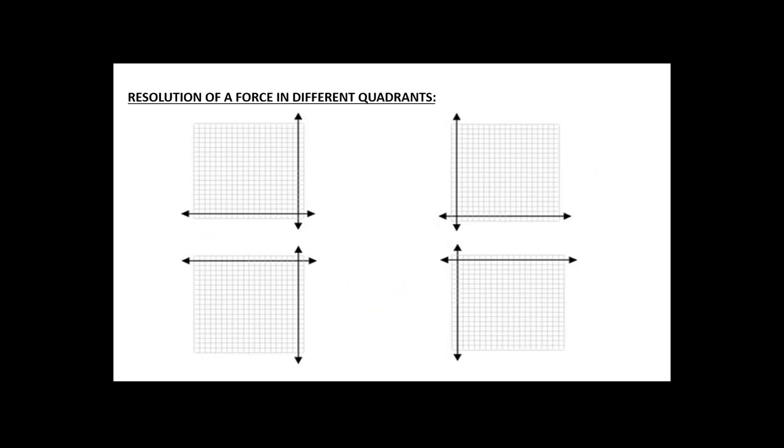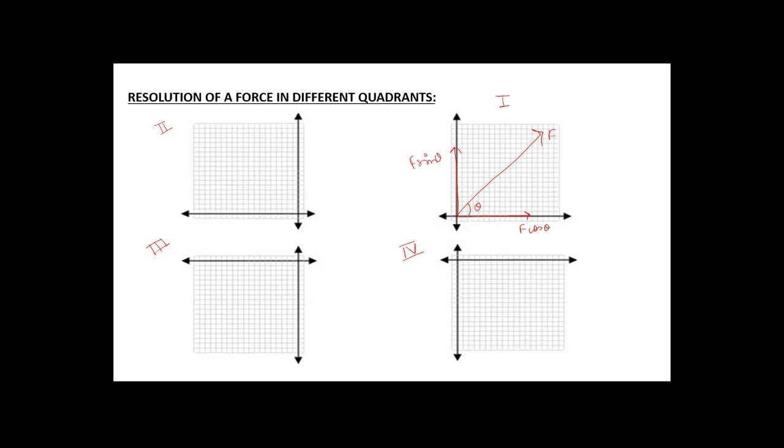Now, resolution of a force in different quadrants. This is the first quadrant, this is the second quadrant, this is the third quadrant, and this is the fourth quadrant. Let us say the force is acting in the first quadrant, making an angle theta with the horizontal, then this will be F cos theta and this will be F sin theta.